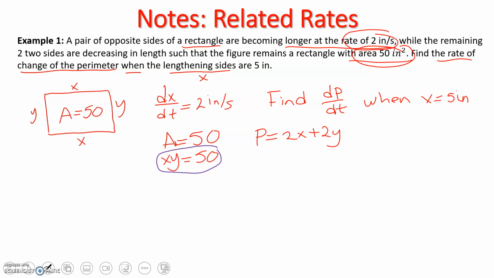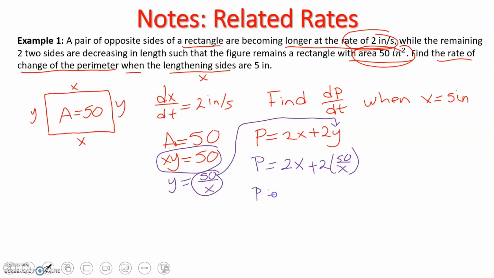If x times y is 50, then y is 50 over x. Now we can substitute it into our perimeter equation and get our perimeter in terms of only x. So perimeter is 2x plus 2 times 50 over x. So perimeter is 2x plus 100 over x.